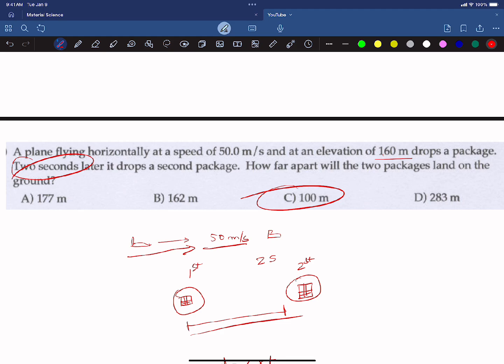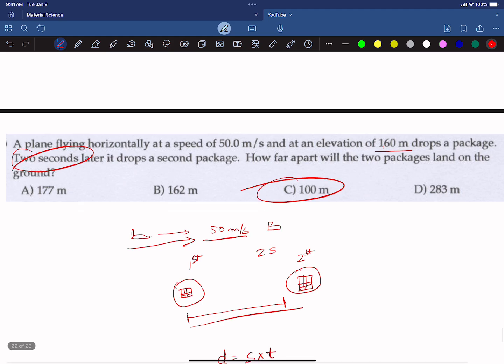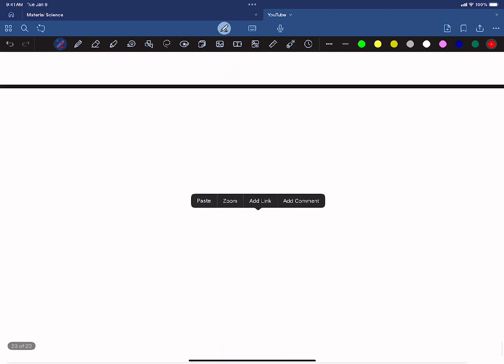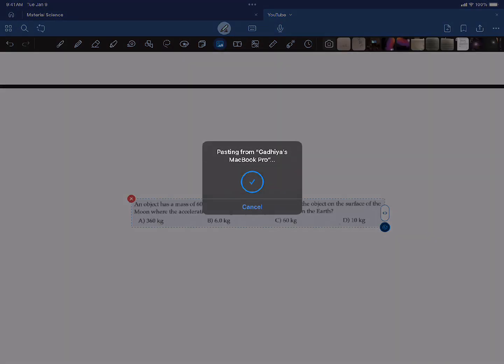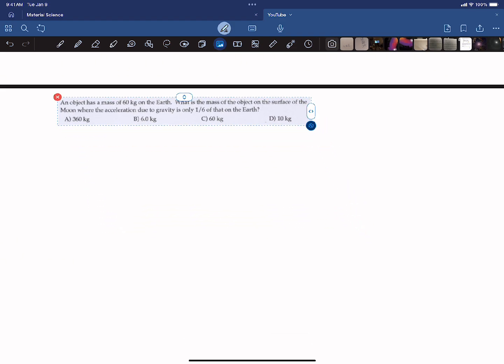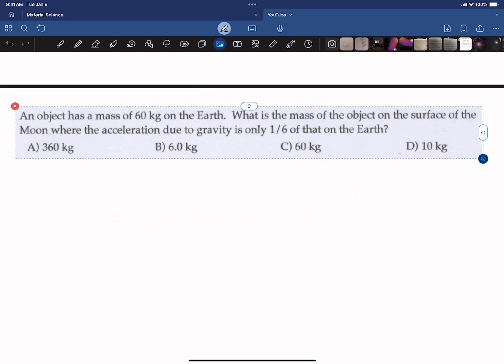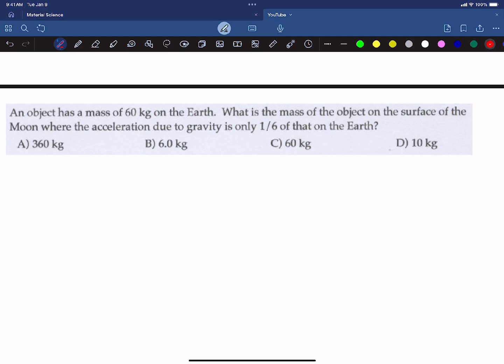Now we'll move on to the next question. An object has mass of 60 kg on Earth.